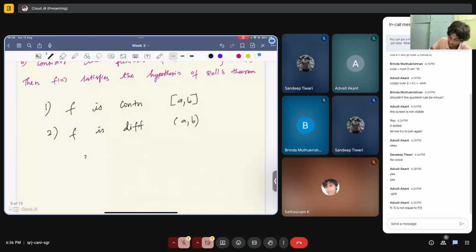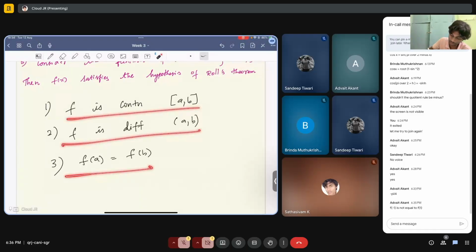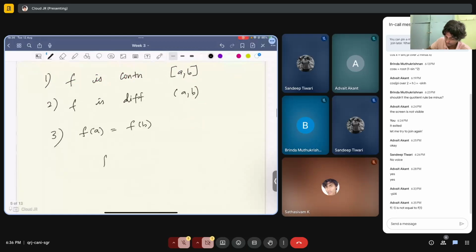Moreover, you want f of a equal to f of b. If you have all three things, then Rolle's theorem will tell you there exists a c belonging to the open interval (a, b) such that f prime of c is 0. This is what Rolle's theorem tells you.